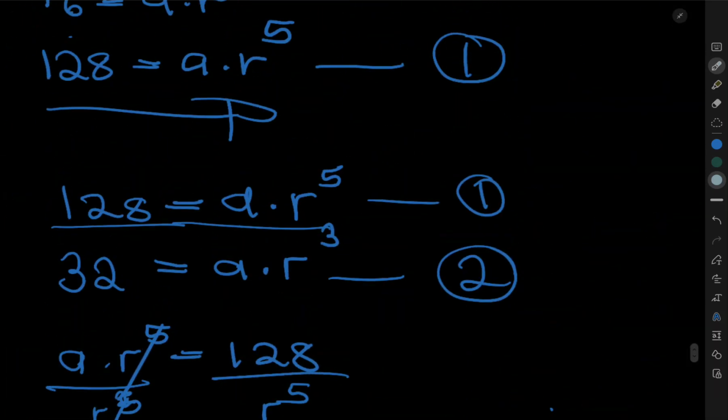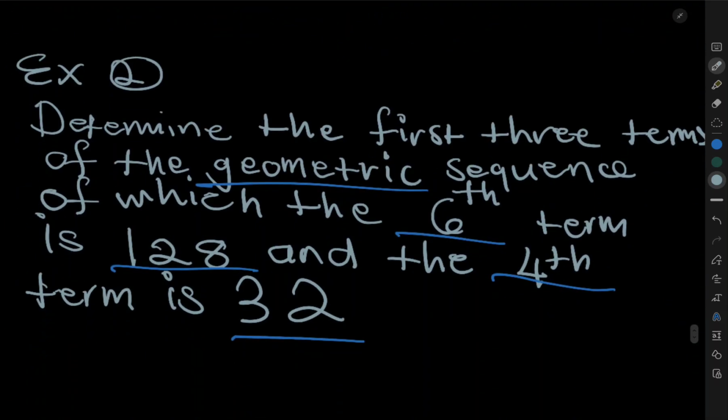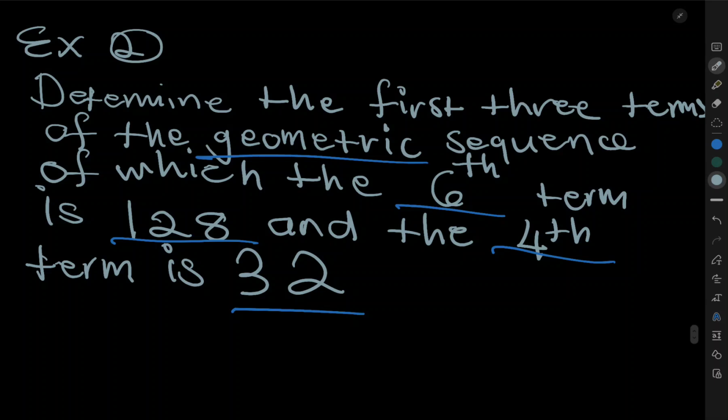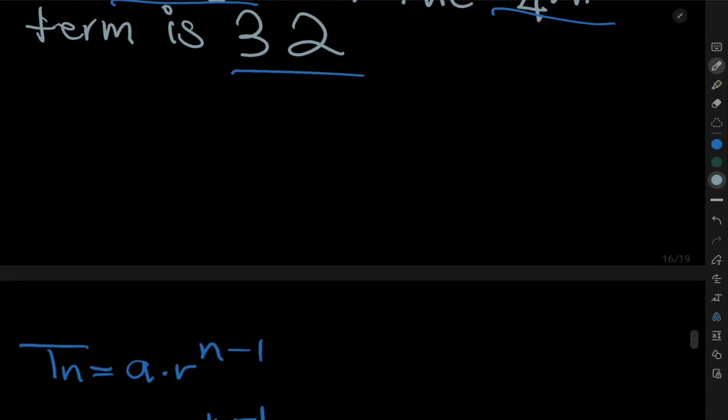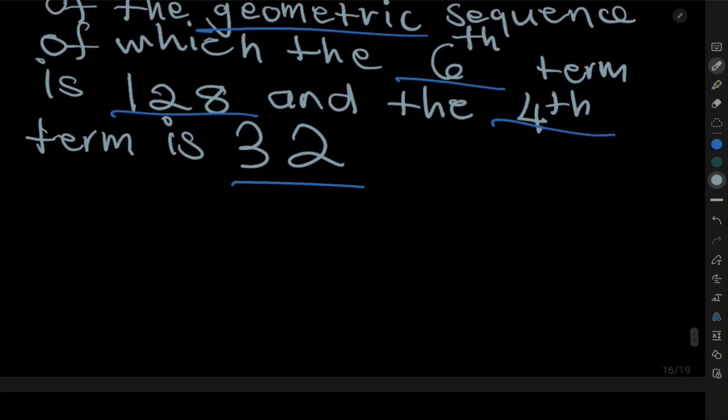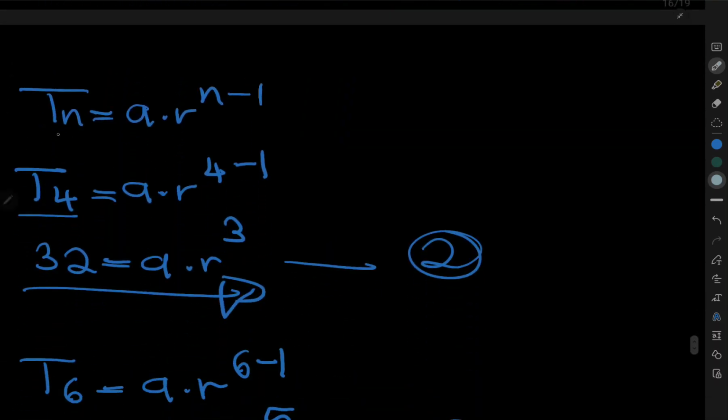Just to reflect on the question and the steps that we did to find our answer. The question says determine the first 3 terms of the geometric sequence, of which the sixth term is 128 and the 4th term is 32. The first thing that we did is we wrote down, since we were given that this is a geometric sequence, the formula that we normally use to calculate geometric patterns, and then we substituted the values that we have.